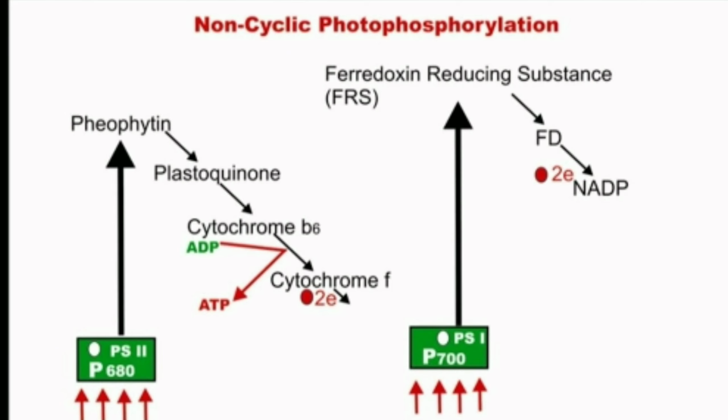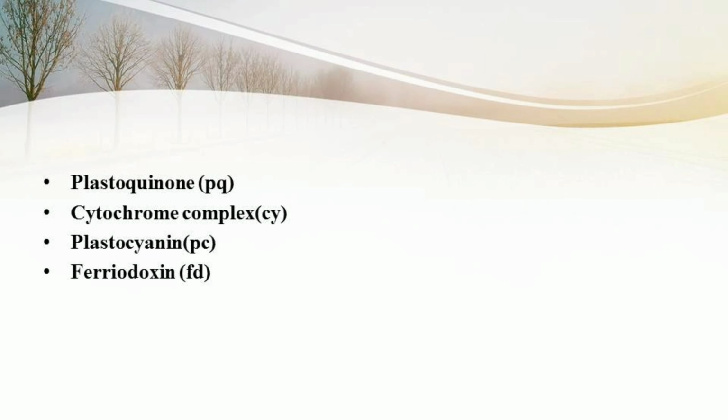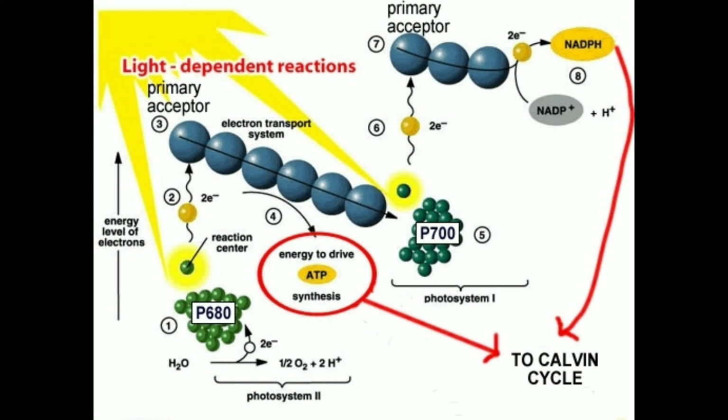From the primary electron acceptor, it moves down from a higher level to a lower level through three electron acceptors. One is plastoquinone, the second is the cytochrome complex, and the third is plastocyanin. So the excited electron moves from the primary electron acceptor to plastoquinone first, and then passes to the cytochrome complex.